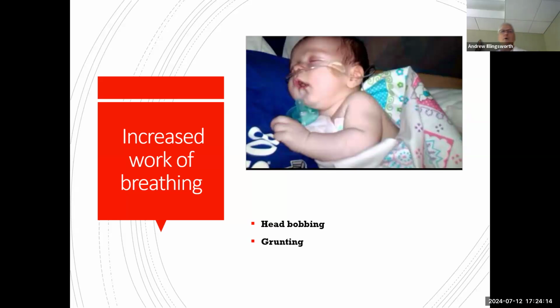Grunting is how children and some adults increase the pressure that they exhale against, because that increased pressure tries to pop the lungs and the alveoli open so they can exchange the gases, being the oxygen and carbon dioxide in the alveoli.